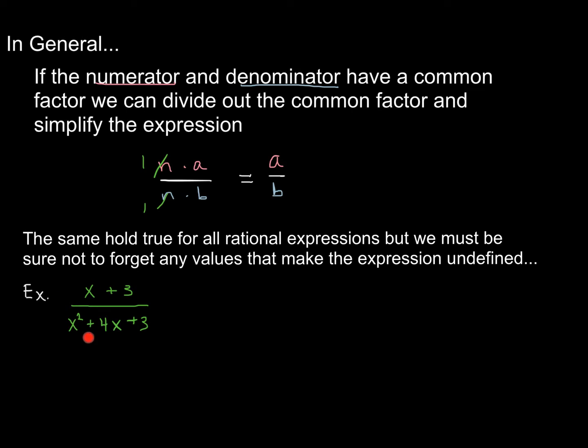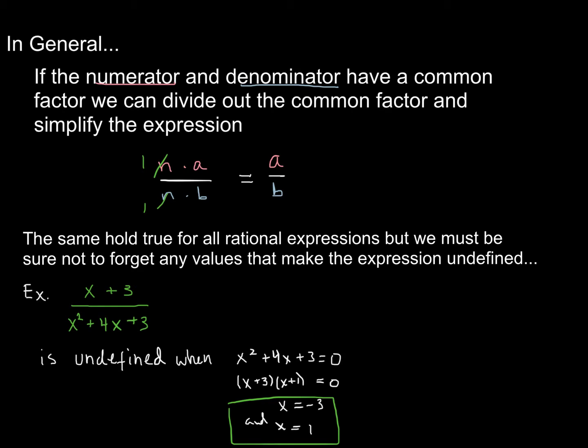But for these rational expressions, before we do anything, we have to consider that there are going to be some x values that make this expression undefined. So before we do any simplifying, let's find all the x values that make this rational expression undefined, so that when we simplify, we can be careful not to evaluate this expression at any of those undefined values. Go ahead and do that on your own, and then we'll take a look together.